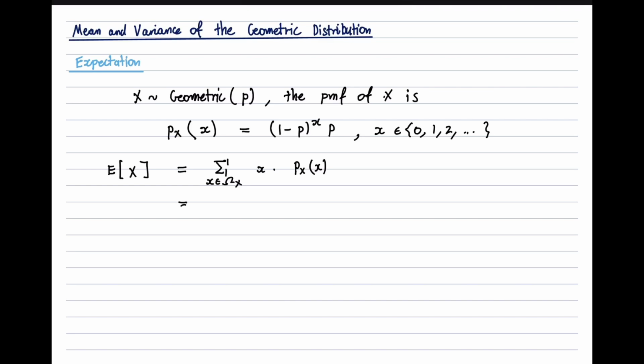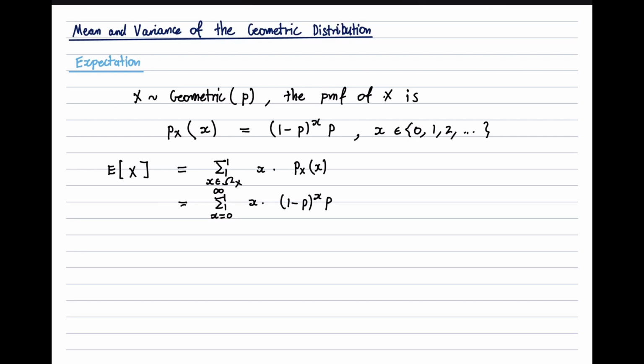For the terminals of the geometric distribution, we know that it starts at 0 and continues all the way to infinity. So we can write this summation as x equals 0 to infinity of x times, and now we can substitute in our value of the PMF.